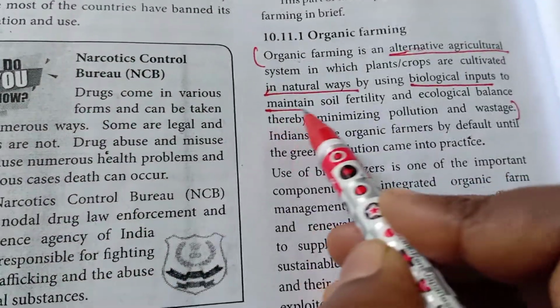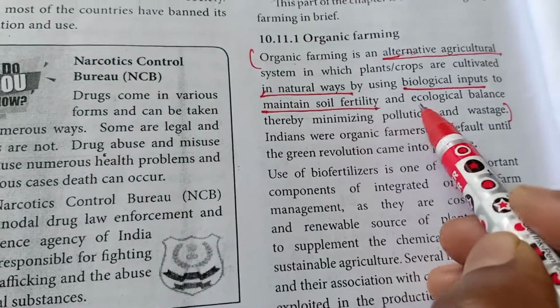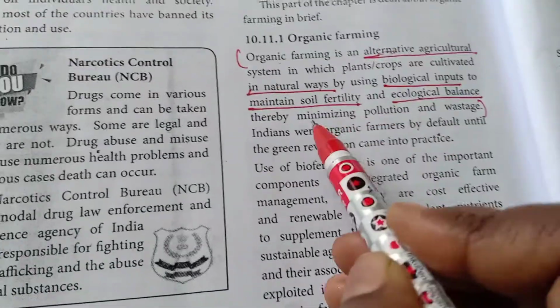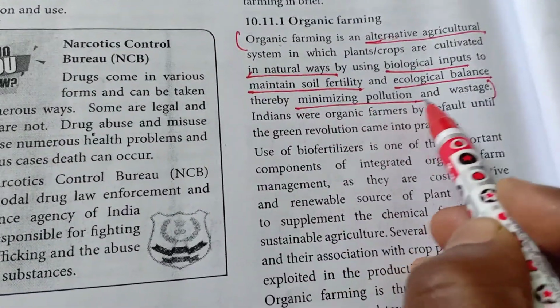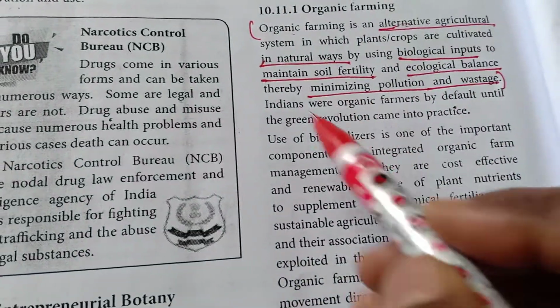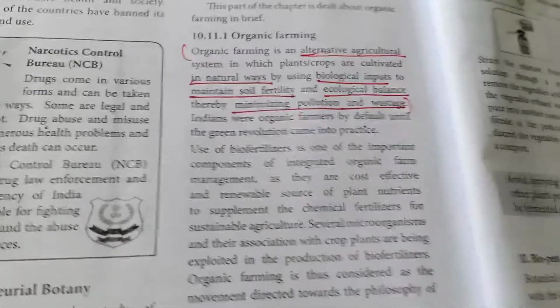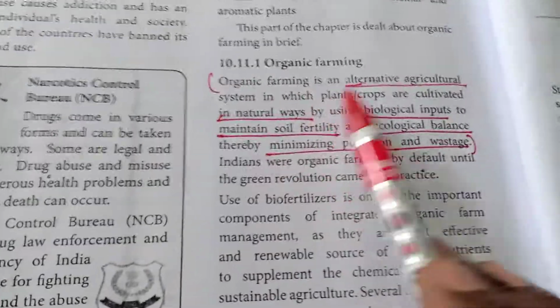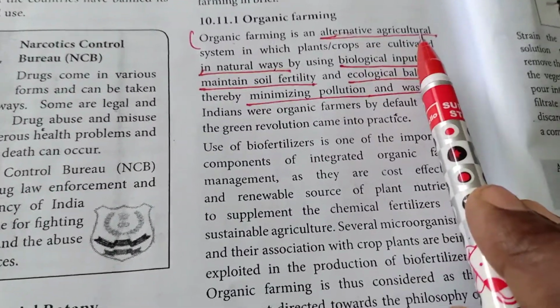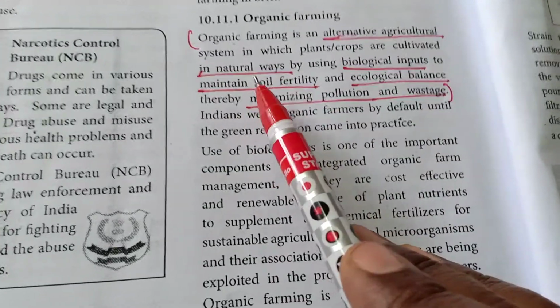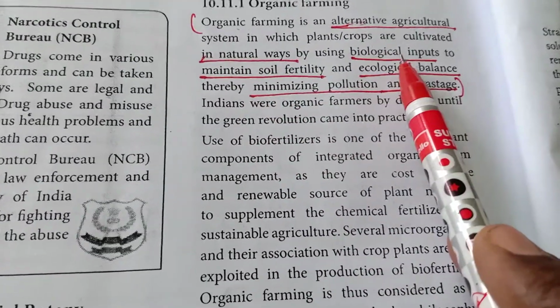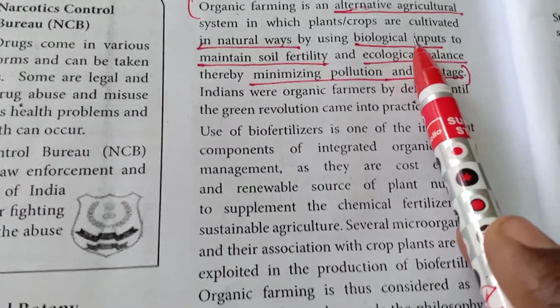To maintain soil fertility and ecological balance, minimizing pollution and wastage. So these are the key terms. You will find some 6 key terms important. Organic farming is an alternative agriculture method of growing plants in the natural way using the biological inputs. Why are we doing this?